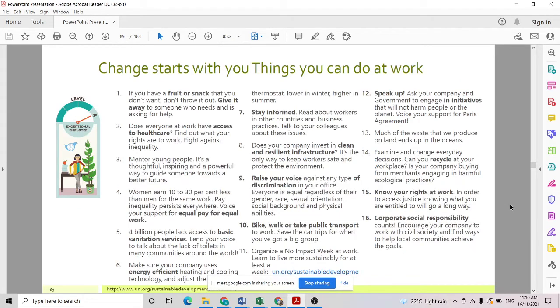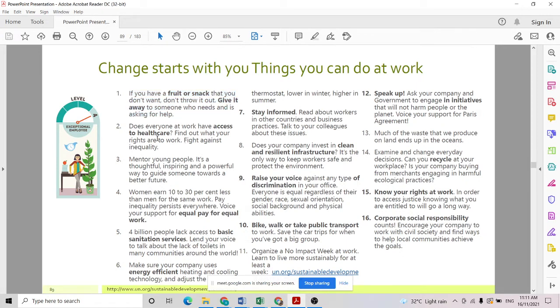All right, so these are the things you can do at your work. For example, if you want it, you can have it on your own. If not, don't throw it away, you can advertise for the people who need it.